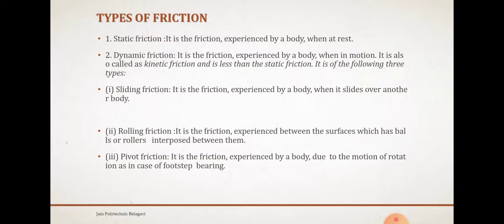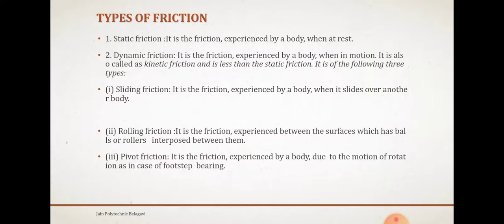When the parts are rolling with respect to each other, we call it rolling friction, for example ball bearings. And pivot friction is the friction exhibited by the body due to rotation, in the case of a footstep bearing. All these types, the footstep bearing or rolling bearing, we will discuss in detail as we move ahead in this chapter.